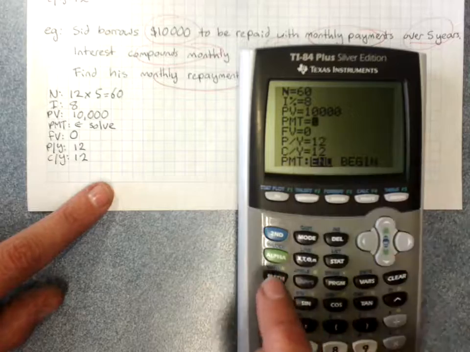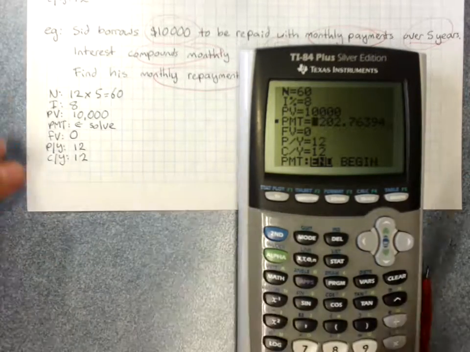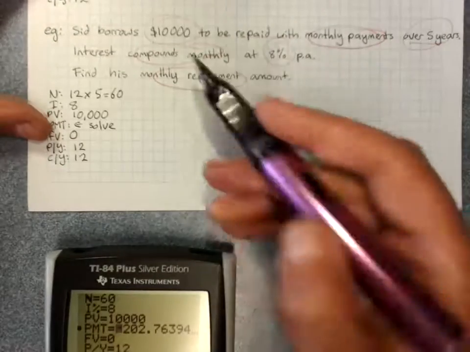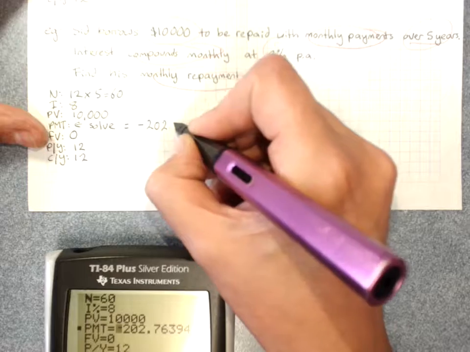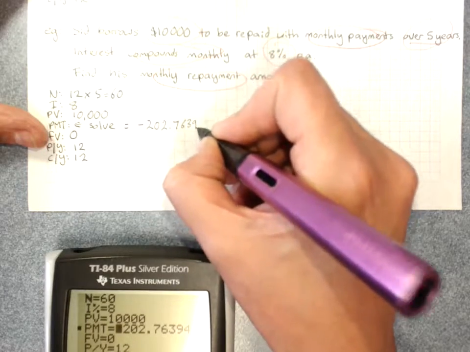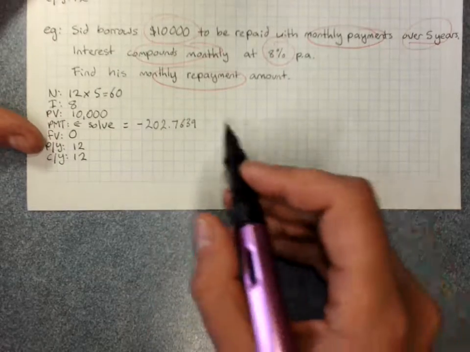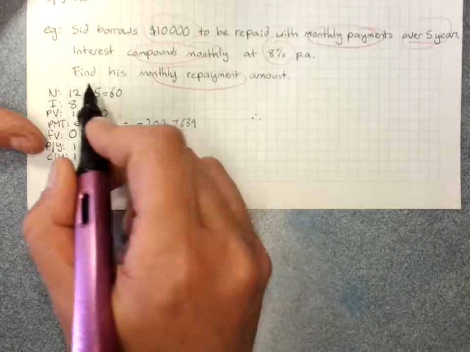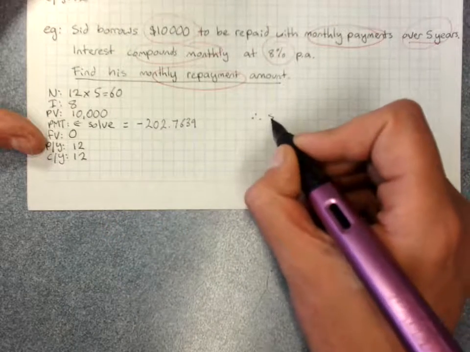Move up to payment, alpha, solve, and write in what we've got. I usually give a few extra decimal places when I'm writing that, and then, therefore, read the question, find his monthly repayment amount.